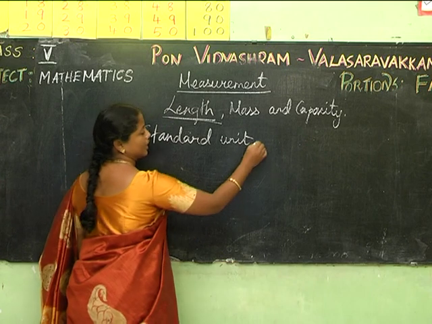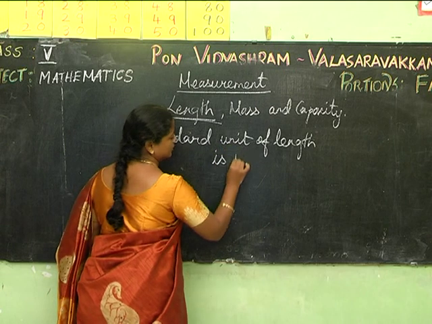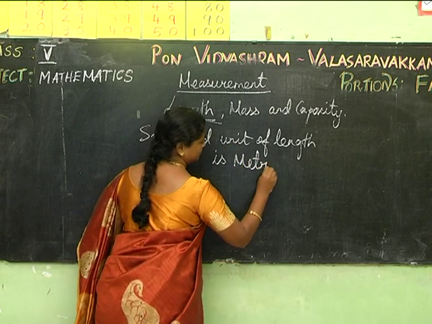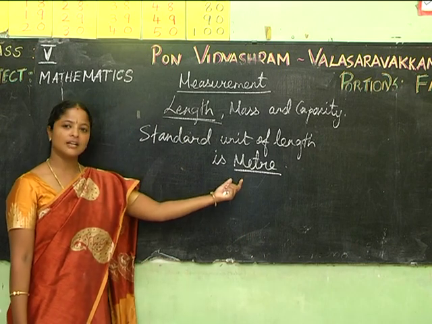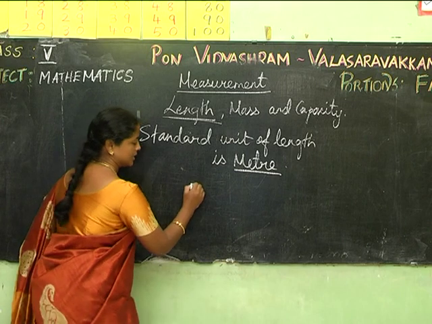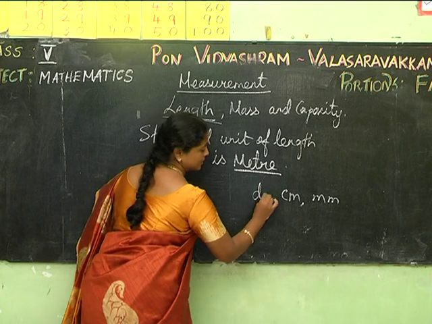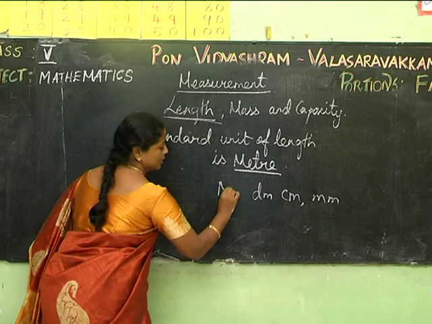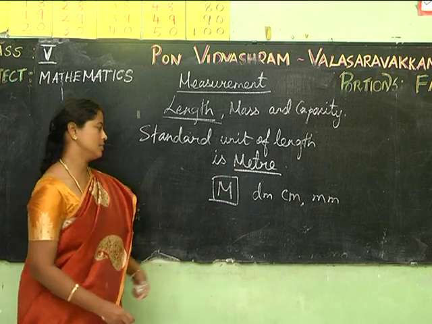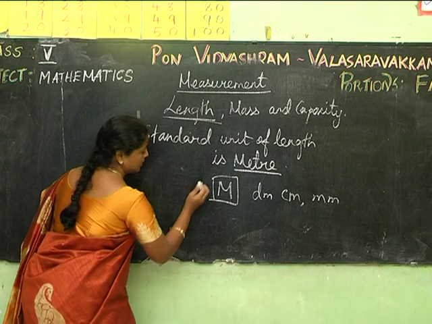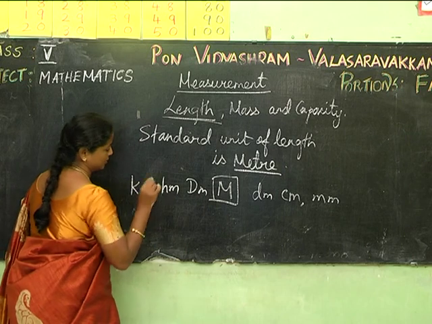Now, the standard unit of length is meter. The units which are smaller than meter are centimeter, millimeter, decimeter, and here comes meter. And the units which are bigger than meter are decameter, hectameter, and kilometer.